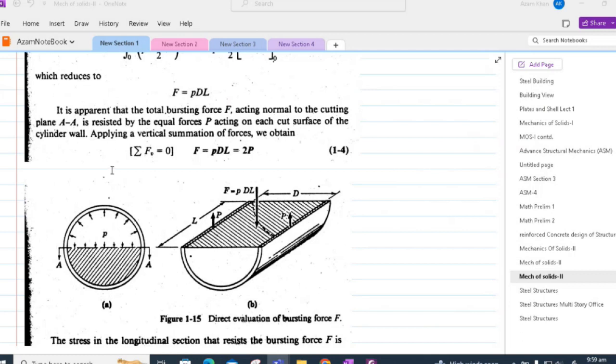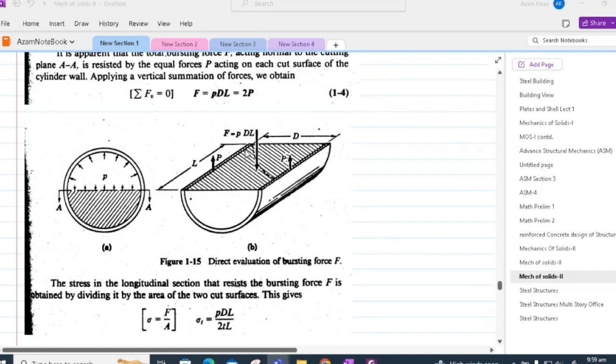So, applying the vertical equilibrium of forces, we have F equal to p dL, which is equal to 2P. From there, we can get P equal to small p dL by 2.